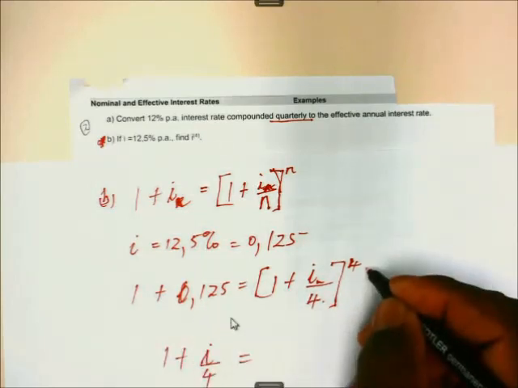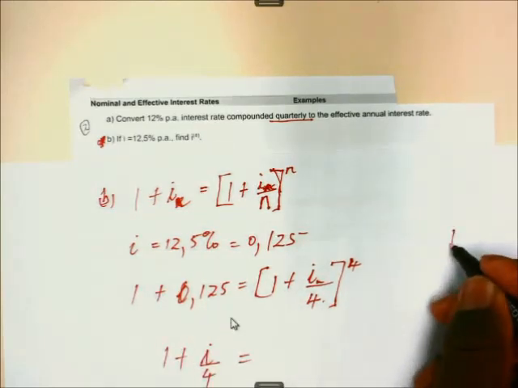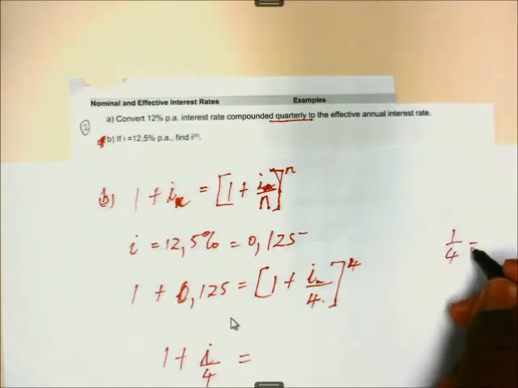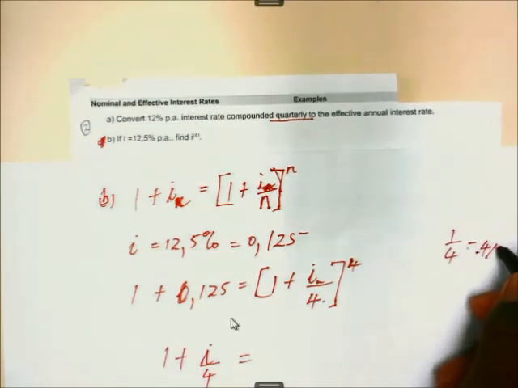Remember, the reciprocal of this is going to be 1/4. Can you see that? So this reciprocal can be written in the form of the 4th root.